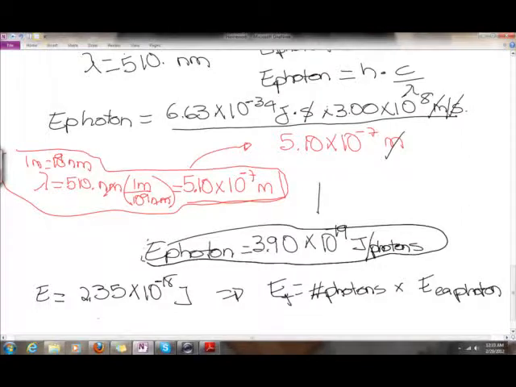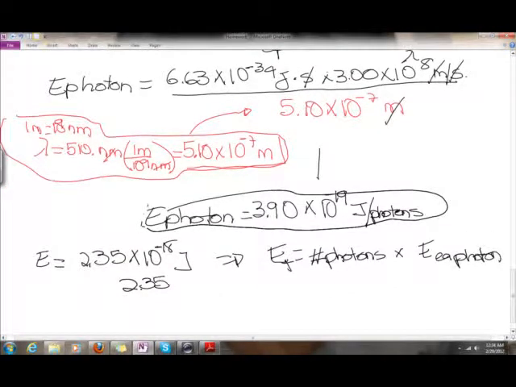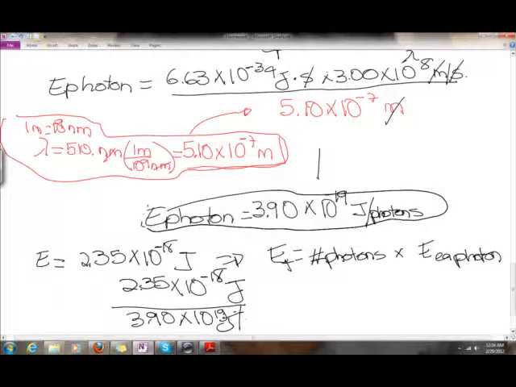In this problem, the total energy is 2.35 by 10 to the minus 18 joules, divided by 3.90 by 10 to the minus 19 joules per photon.